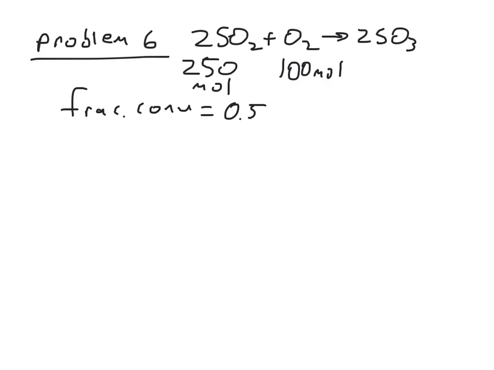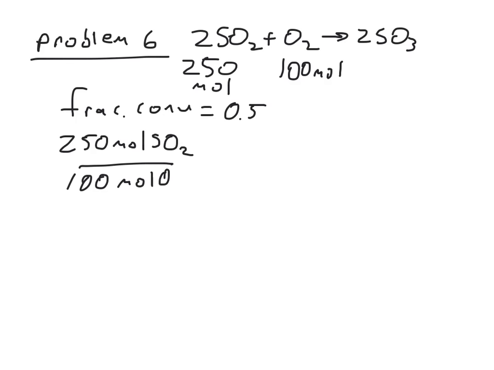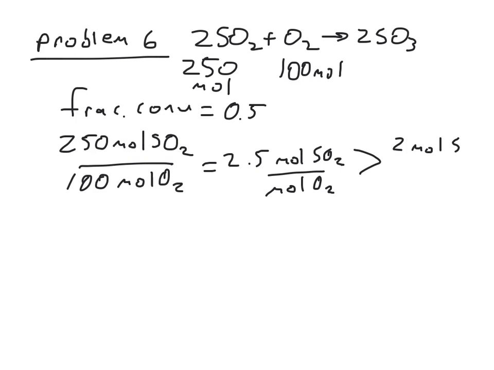We can do this in various ways, but let me just take 250 moles SO2 divided by 100 moles O2, and those are given in the problem statement, how many we have going into our reactor, and that's equal to 2.5 moles SO2 per mole O2, and that is greater than the stoichiometric ratio, which is 2 moles SO2 per mole O2.